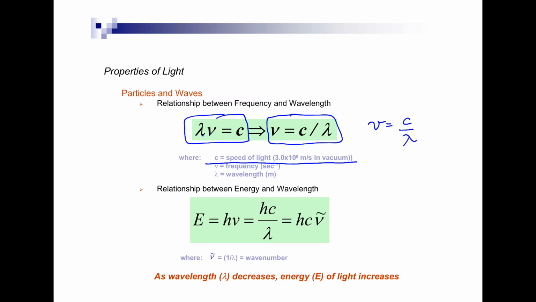What this equation is saying is that as the wavelength goes up, the frequency is going to go down, and they are related to each other with this constant, the speed of light. The speed of light is not going to change for us, but as we change the wavelength, if we made it higher, we would see the frequency go down.